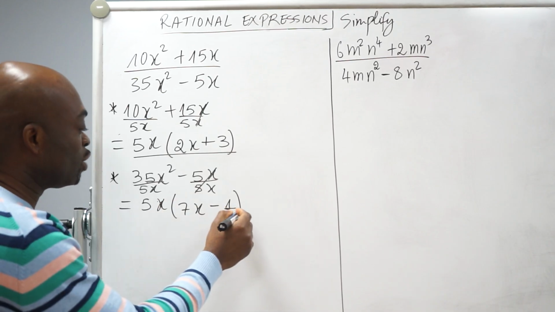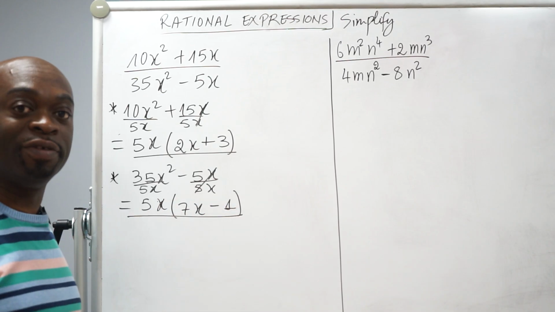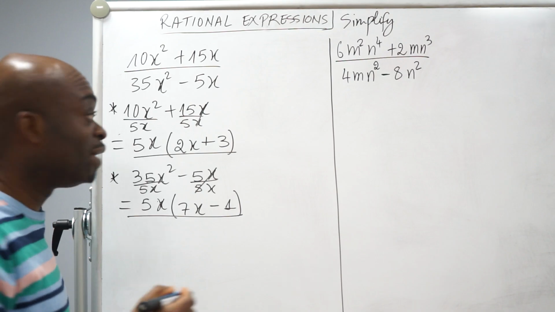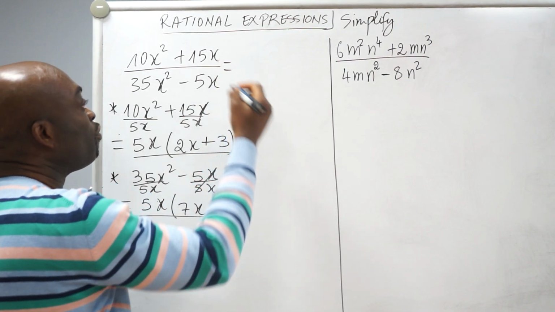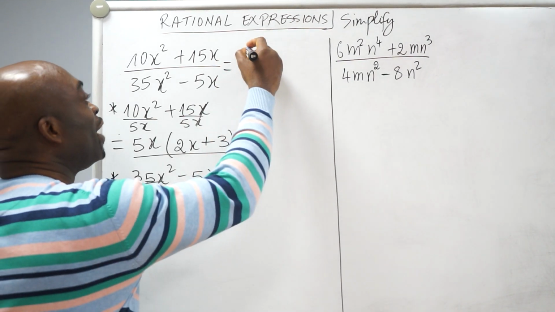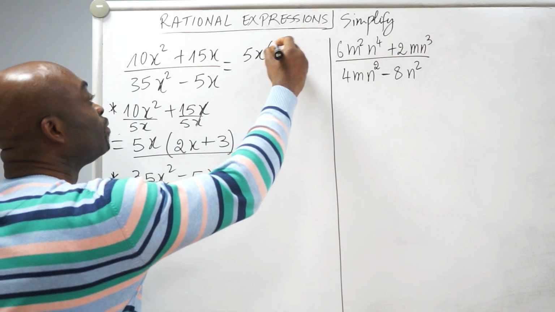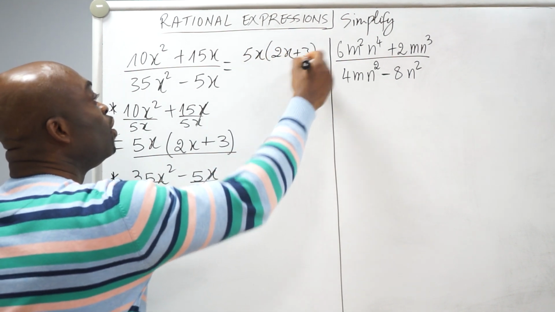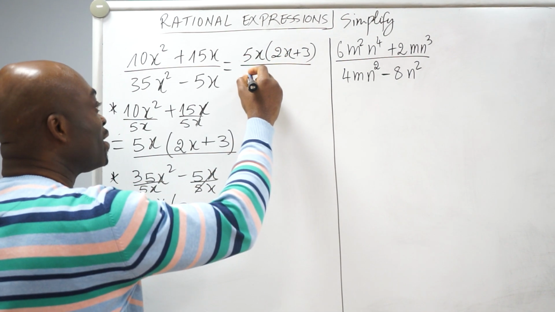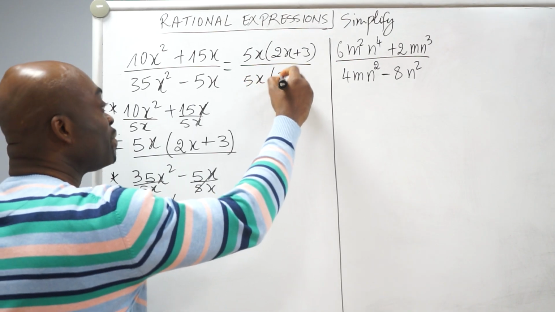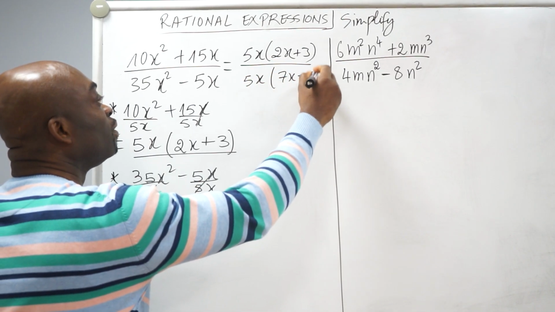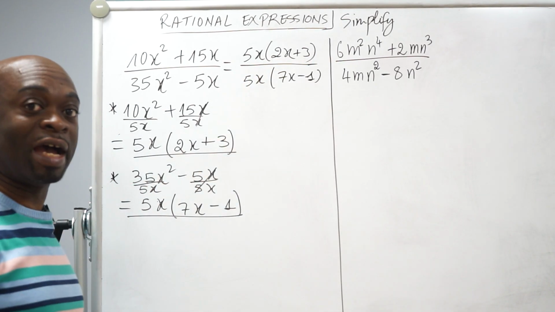All right? So this one also is dealt with, and now we've got to simplify. How do we simplify? We go back to the original problem. We take our answers, 5x times 2x plus 3, over 5x times 7x minus 1. All right? So this is what we have so far.